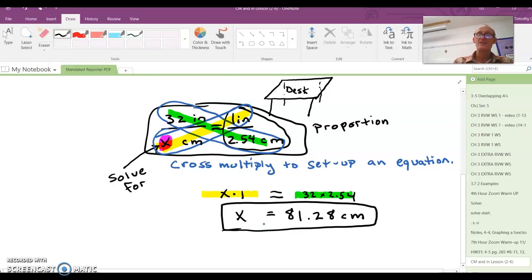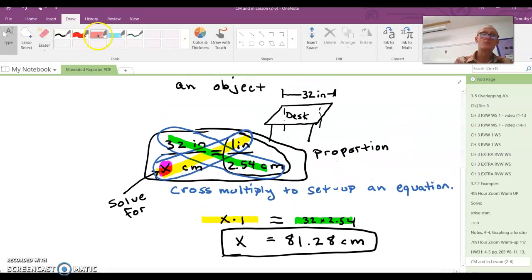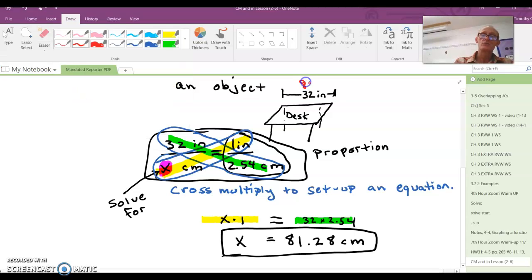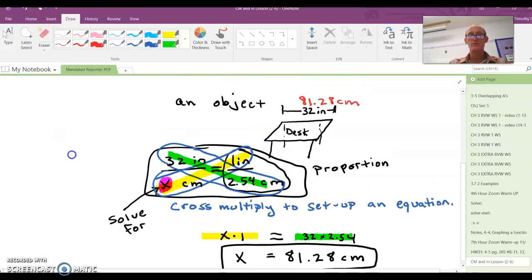So the desk is 32 inches, but it's also 81.28 centimeters. So that's how you do it.